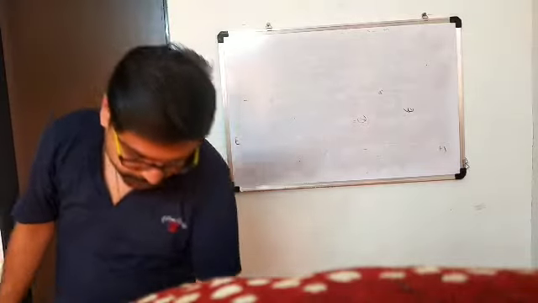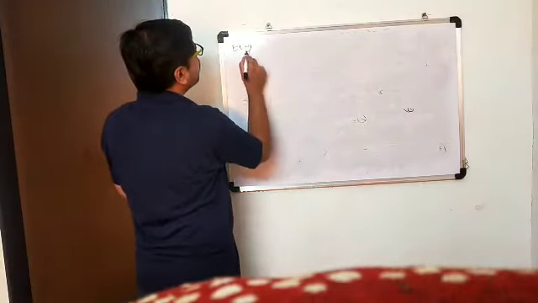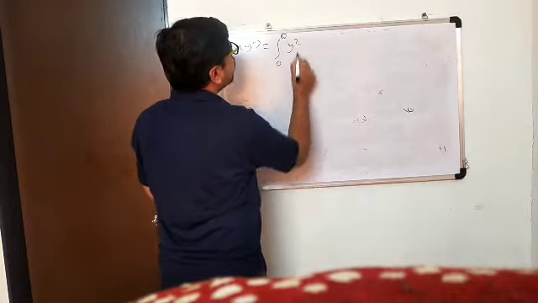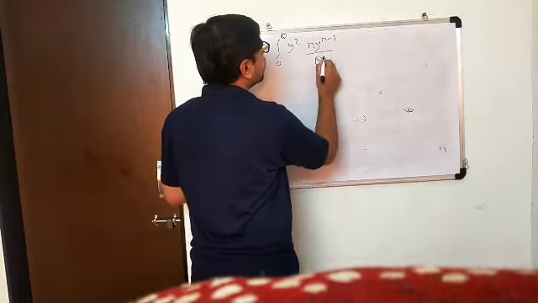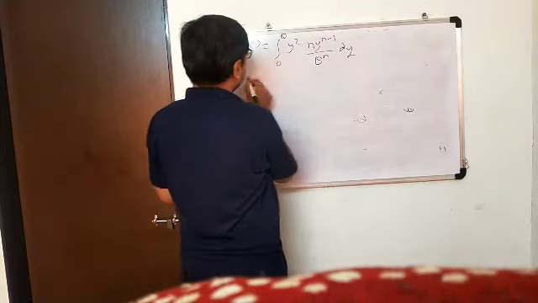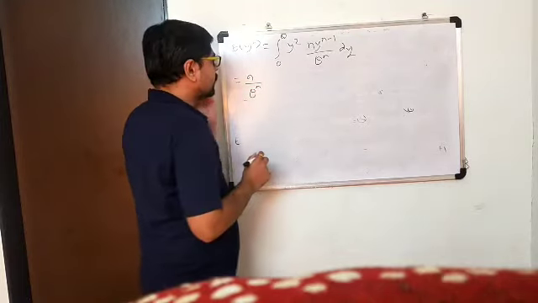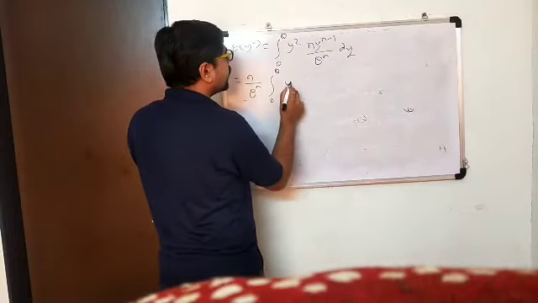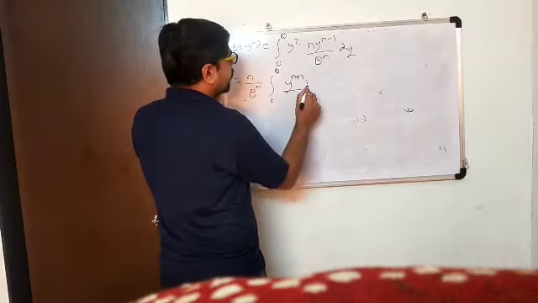We have to calculate the expected value of Y square. The expected value of Y square is the integration from 0 to theta of y square f(y) dy, with y raised to n minus 1 upon theta raised to n. The n upon theta raised to n is a constant, so take it outside the integration of y raised to n plus 1 dy.